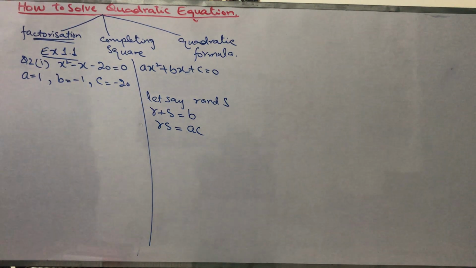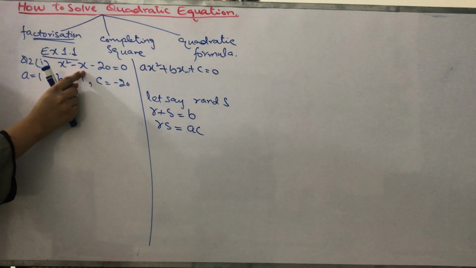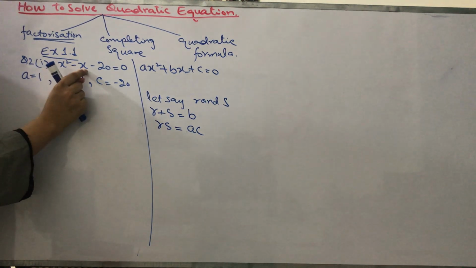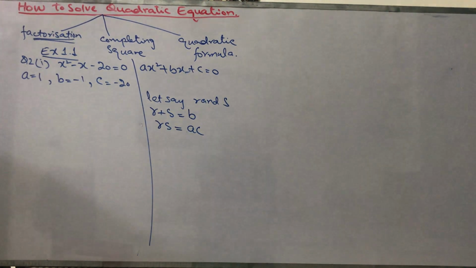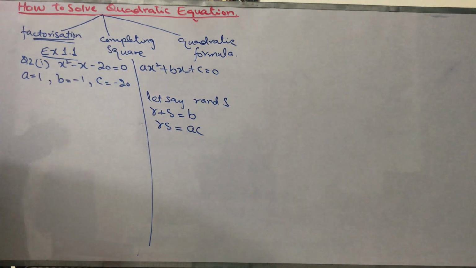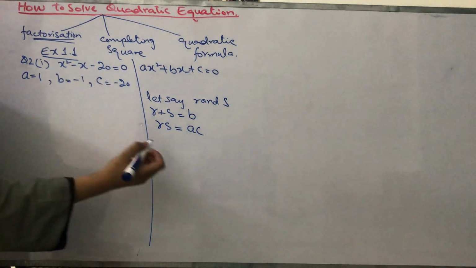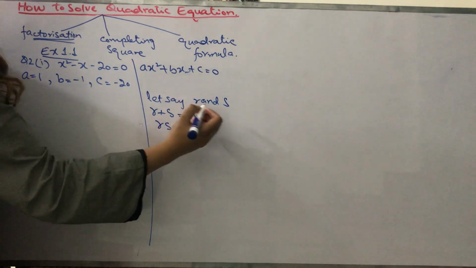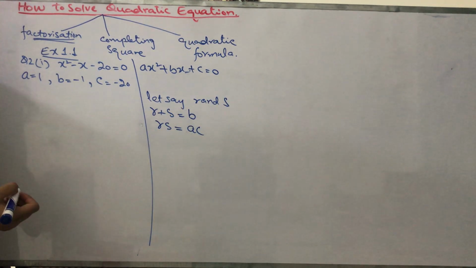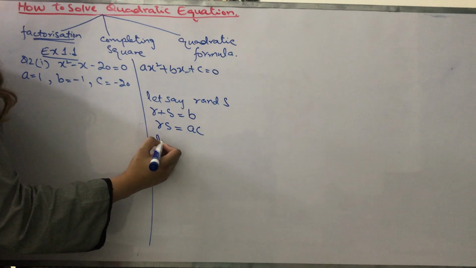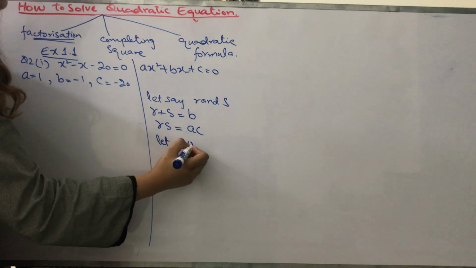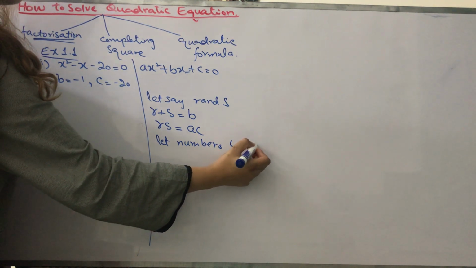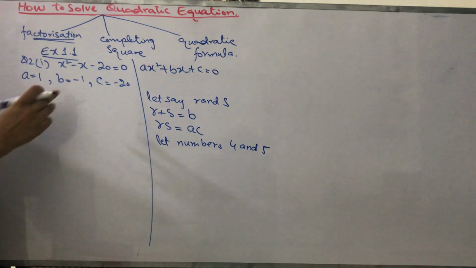This is a very important step, listen very carefully. This is minus x, right? You need minus 1. It means, let's suppose I take 4 and 5, two numbers which we were thinking. So what do I need?